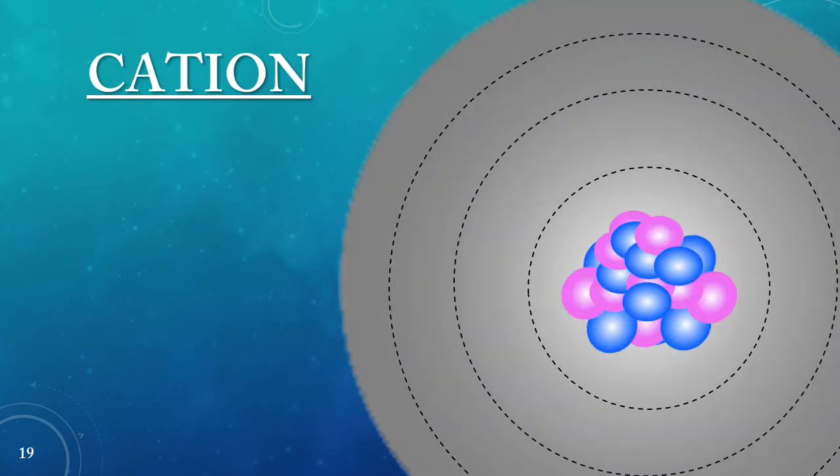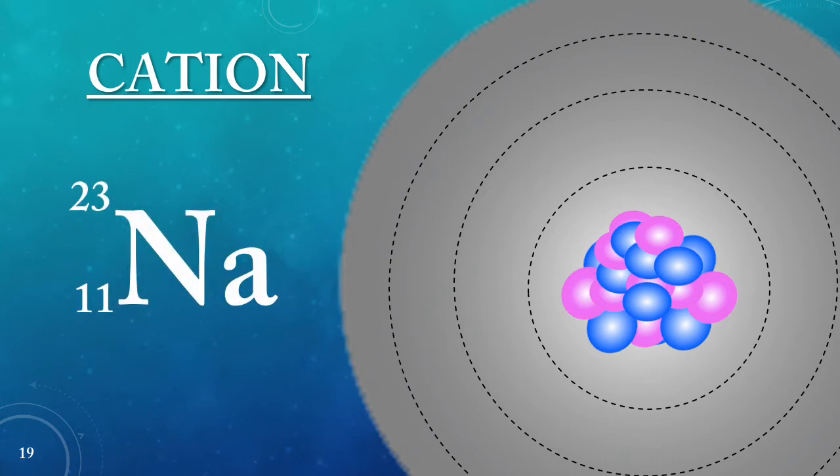Okay, so we looked at boron, which is a small atom. Let's look at another one that is slightly bigger. Let's look at sodium. Sodium has 11 protons, and it's going to have 11 electrons when it's neutral. So we have 2 on the first energy level, 8 on the second energy level, and then just 1 single one on the third energy level. Now, what's going to happen?